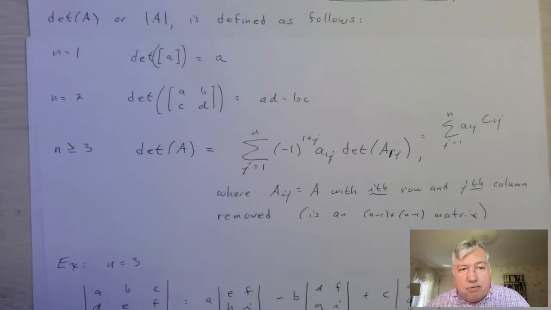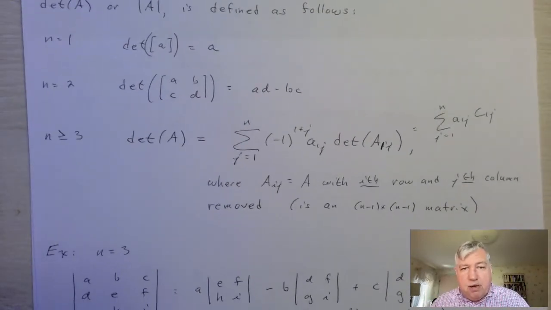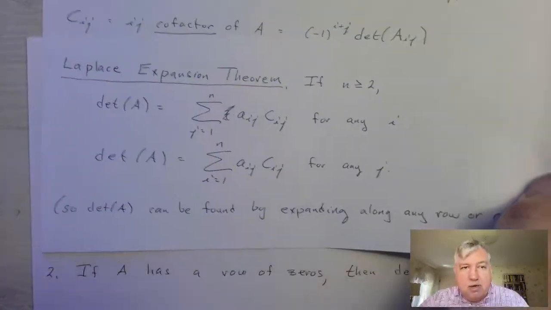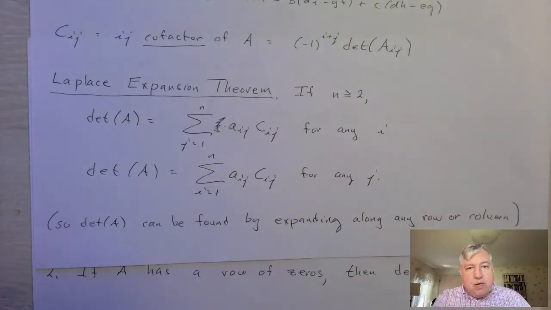So, first off, maybe I should just remind you how determinants were defined. For a case of a 3x3 matrix or bigger, we define it as this sum, which can be generalized to this sum using the Laplace expansion theorem.